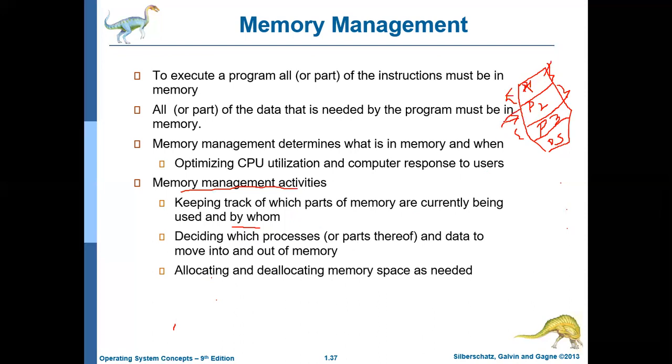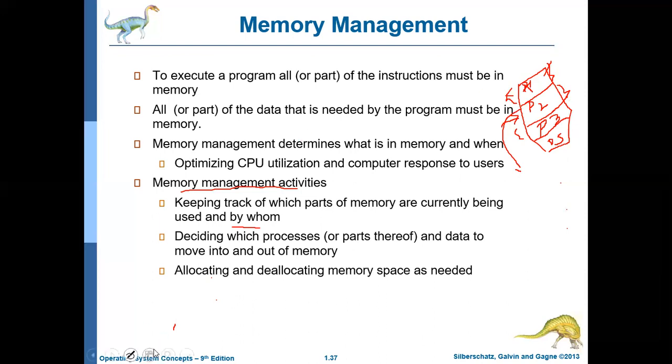It may move P2 to hard disk and bring the next process, P4. That is, it decides when to move a particular process out of memory and when to bring a new process in. It also allocates and deallocates memory space as needed, deciding how much space to allocate to a process, and deallocating space the process does not need. These are the functions the operating system performs as a memory manager.